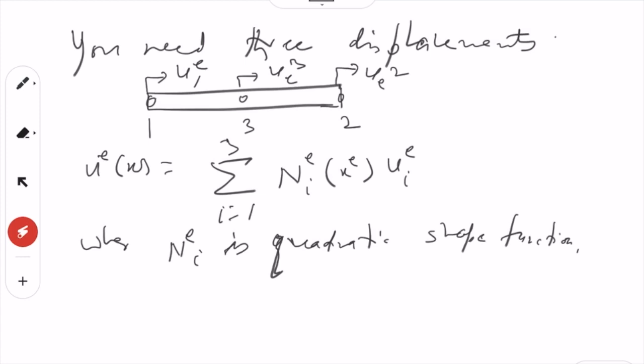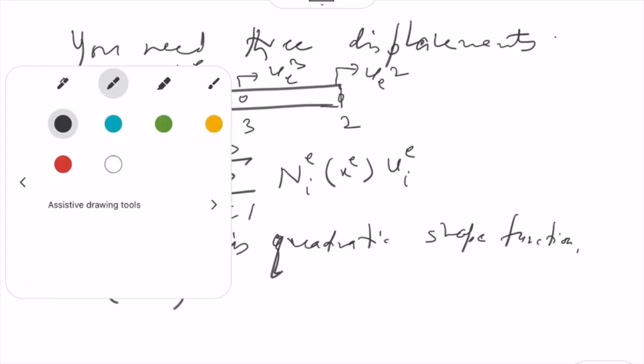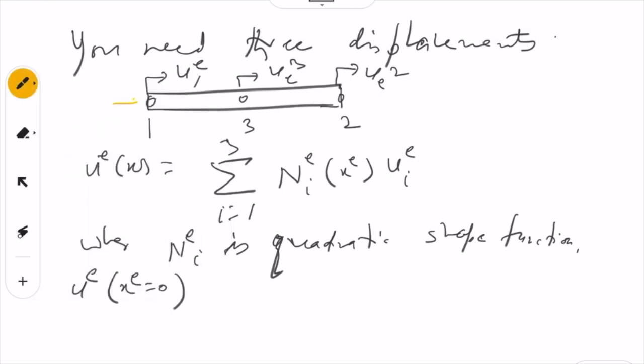We know that if u e x e equal to 0, right. So we have this point x e equal to 0, this point x e equal to L e, and this point x e equal to, we can say, L e over 2, let us say, exactly in the middle.